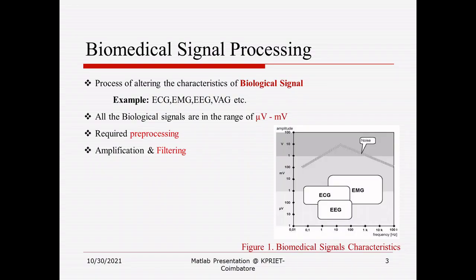Here it is noticed that for all biomedical signals, the amplitude level is between microvolt and millivolt, and during acquisition all biomedical signals have noise frequencies. That noise frequency is about 0 to 0.5 Hz. So for further processing of all biomedical signals, a pre-processing stage is required, including amplification and filtering. Here in the filtering operation, the digital filter plays a vital role in the biomedical field.